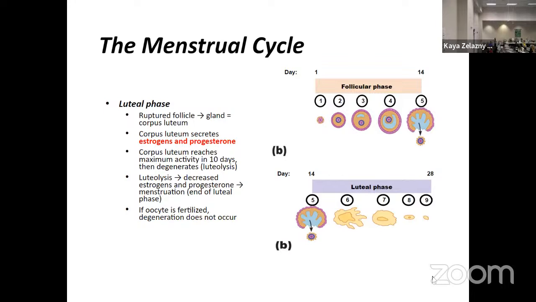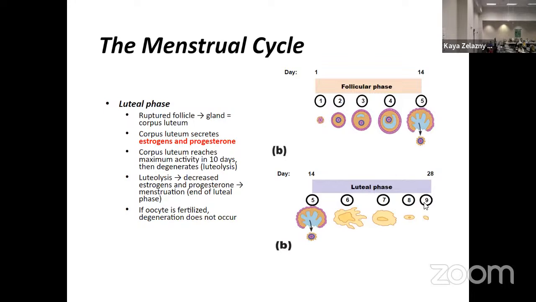And then it's degenerating in this process called luteolysis. So it's decreasing over the course of the luteal phase, decreasing production of these estrogens and progesterone. And then your body's response to these decreasing levels is going to be menstruation and the total end of this luteal phase.